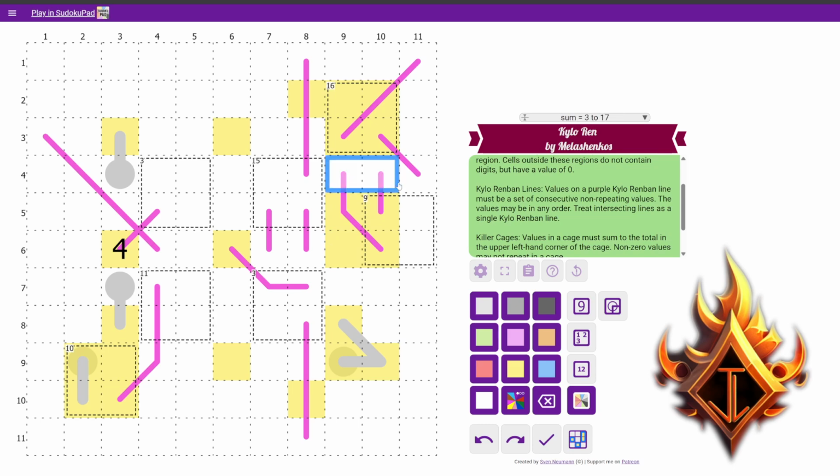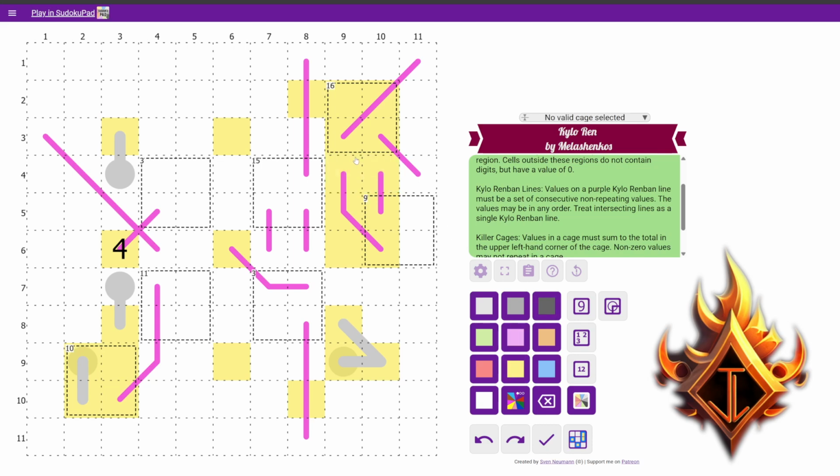Now, both of these cannot be gray. Actually, one of them can't be gray, right? Neither one. Neither one can be gray. So then who would get the other cell? So they are both yellow.